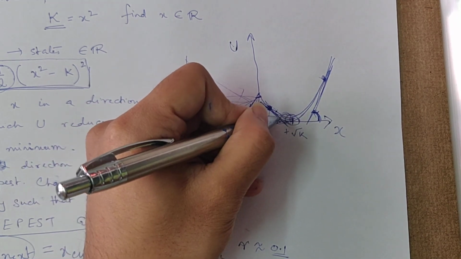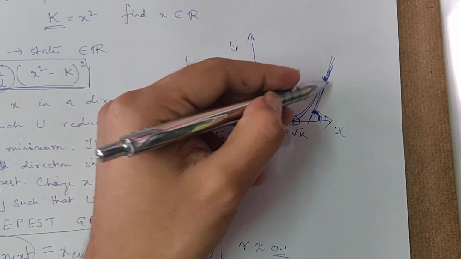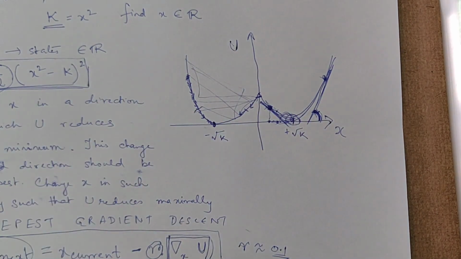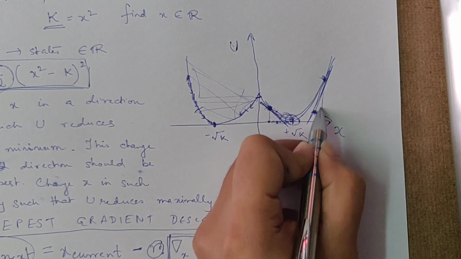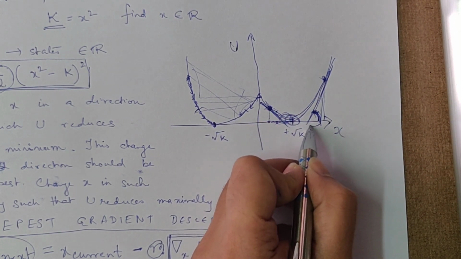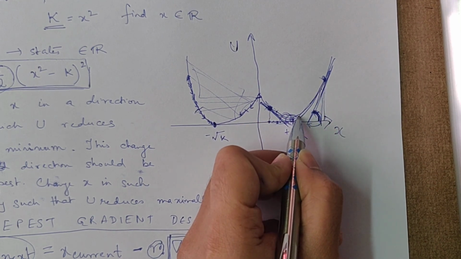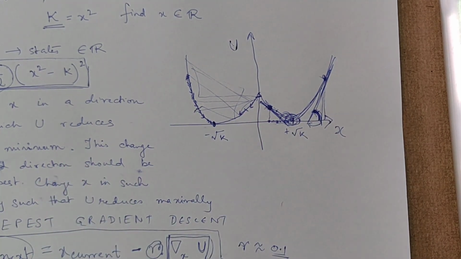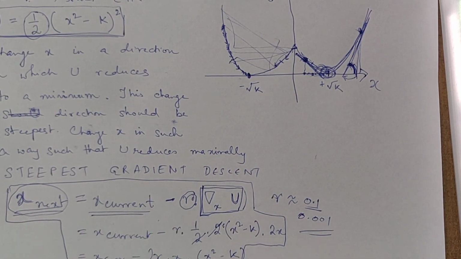Here theta is obtuse, so tan theta is negative. Here theta is acute, so tan theta is positive. So here slope is positive. If slope is positive, x current minus a positive thing means x next will be lesser than x current, so it is coming towards this direction. That is the direction in which we want our state to come, from here towards here. So that is the concept of putting a minus sign here.